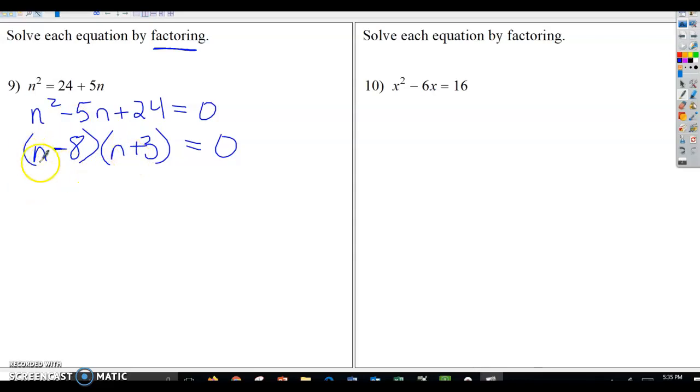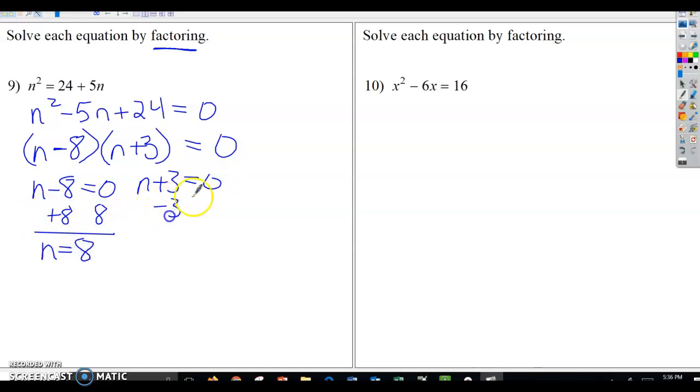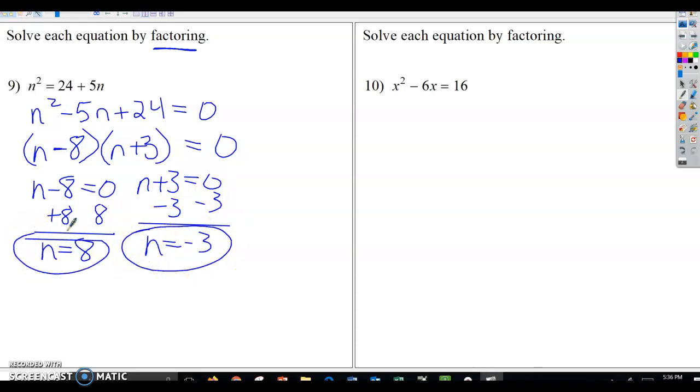And then I can set each factor equal to 0 using the zero product property. So add 8, and add 3. So my two solutions are n equals 8 and n equals negative 3. So that's solved by factoring.